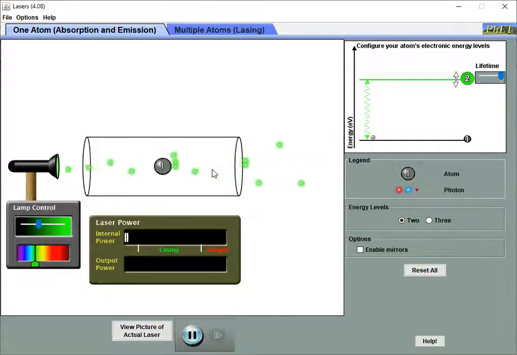So once again, stimulated means that our electron was in an excited state and a photon of exactly the right frequency and energy came nearby while it was in an excited state, and that triggered or stimulated the emission of a photon from n equals 2 down to n equals 1. And then they go off in a pair. So that's how we can tell stimulated emission from spontaneous.